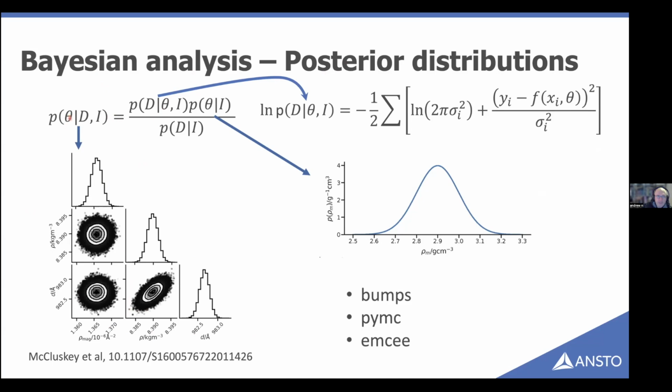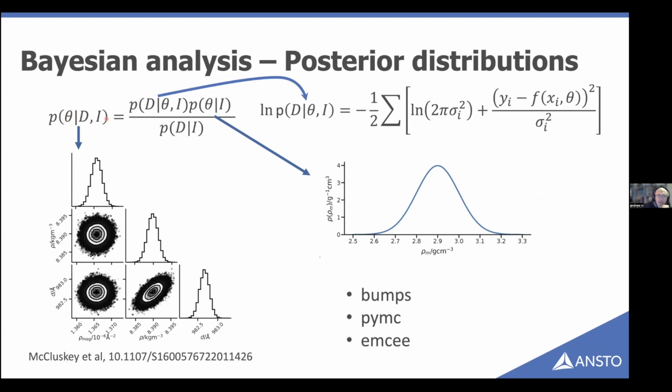The posterior distribution is in Bayes' equation, which is over here on the top left-hand side. The posterior distribution is this left-hand term, and it tells us the probability of seeing the parameters, which are given by this theta term here, given the data and the model that you've created. The data is represented by D here.